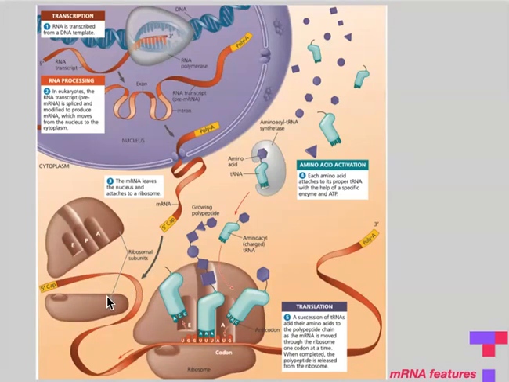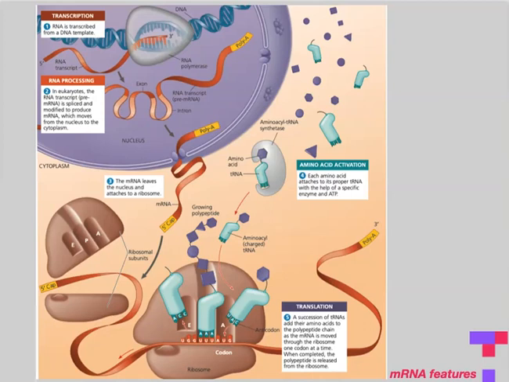after the ribosome has assembled around the mRNA transcript, and we've got these amino acids primed to the tRNA, we can now start the process of translation. A succession of tRNAs will add their amino acids to the polypeptide chain as the mRNA is moved through the ribosome, one codon at a time.